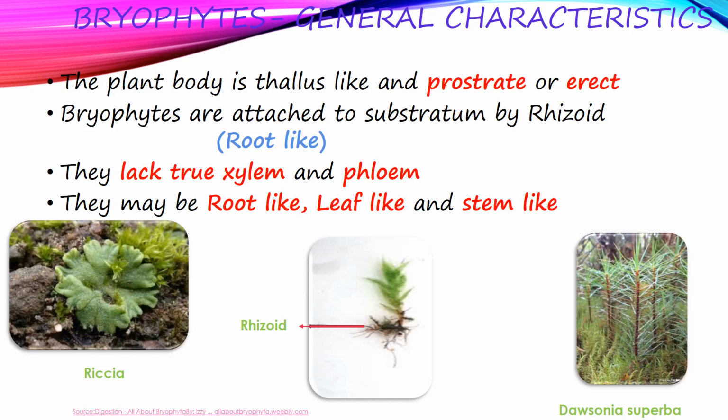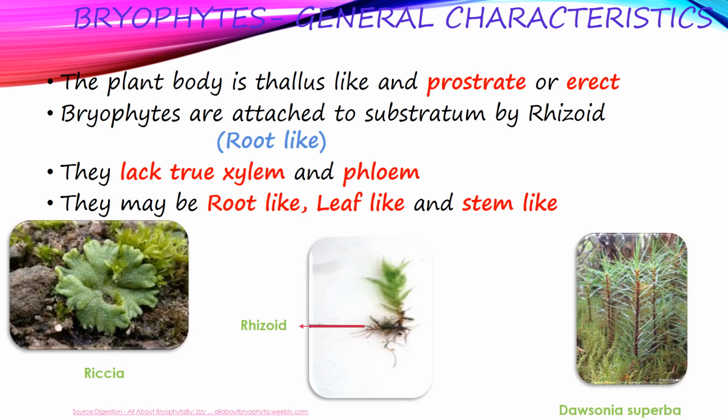We know that land plants have special tissues called xylem for water transport and phloem for food transport. However, bryophytes lack xylem and phloem. This makes the difference between land plants and bryophytes.